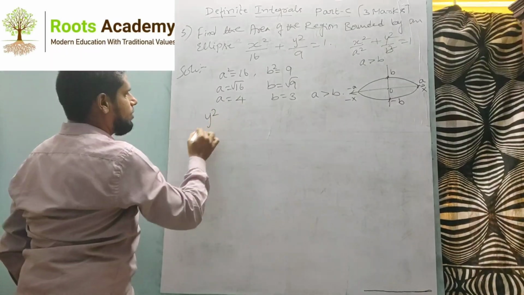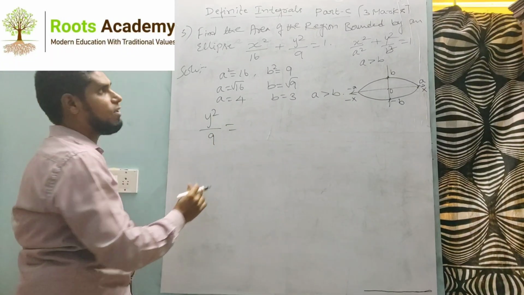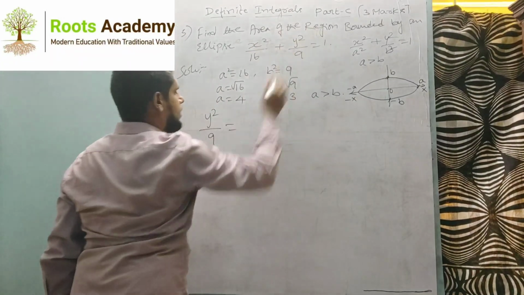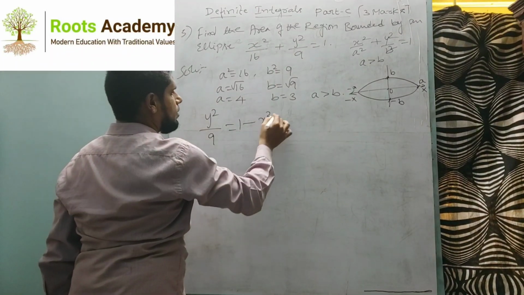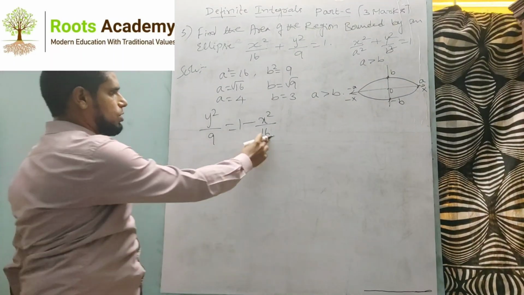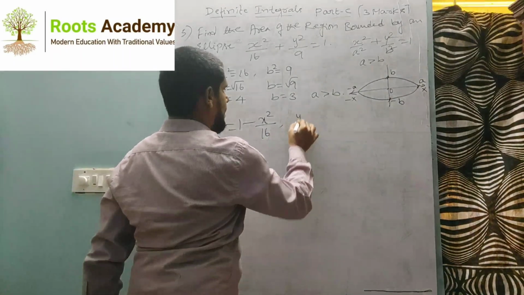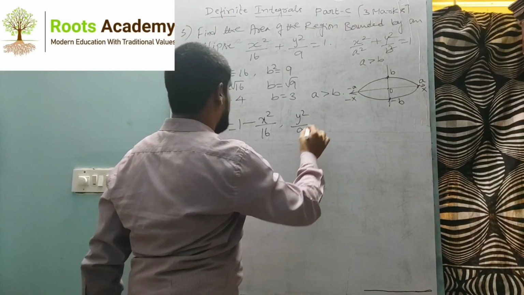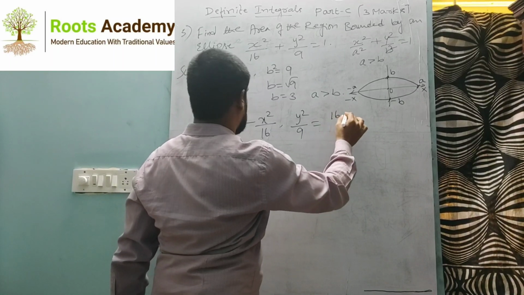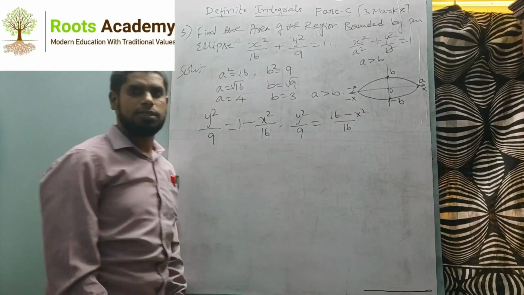So what is the y value? y square is equal to 9, shift this to the other side, minus x square by 16. So 16 is the LCM, y square by 9 is equal to 16 minus x square whole divided by 16.